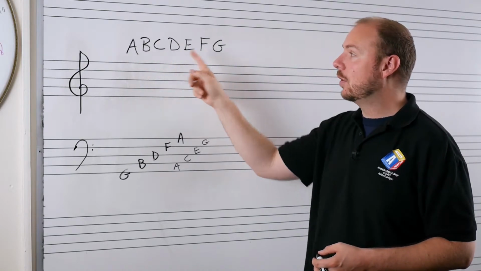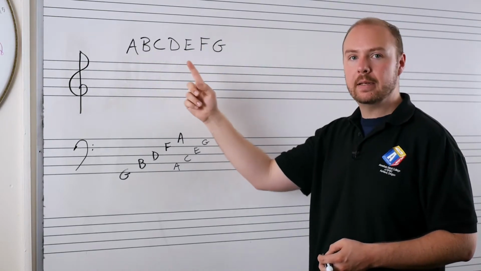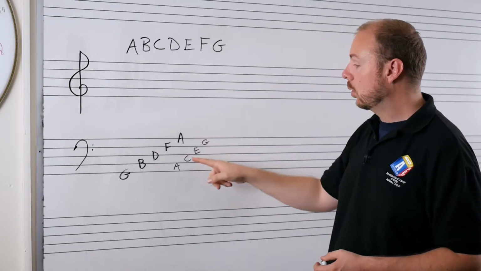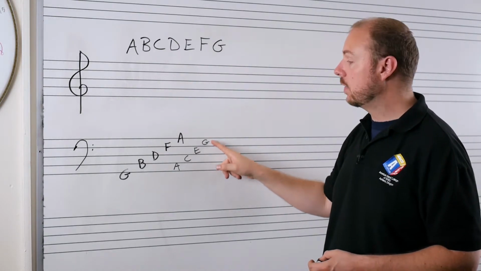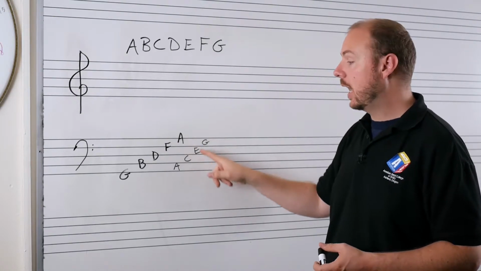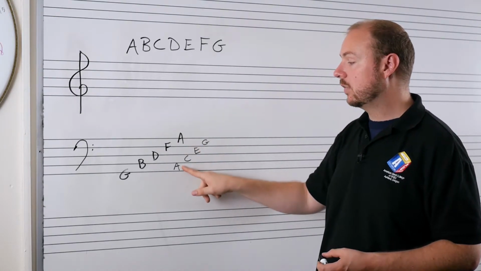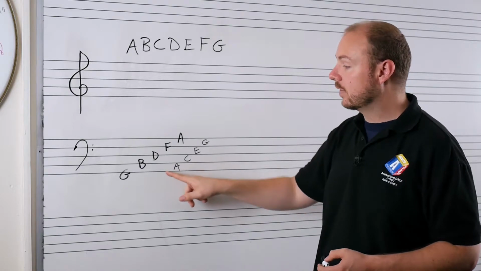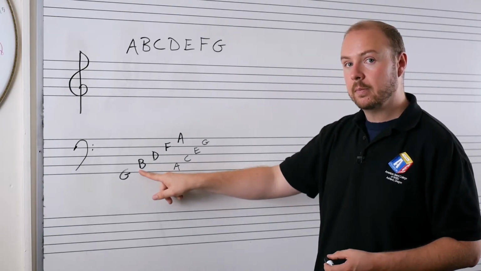When we get to either end, we just start repeating. For example, we get to the top here, G, the next line is repeating back to the beginning, A. And down below, the last space here is A, so the next line is G.